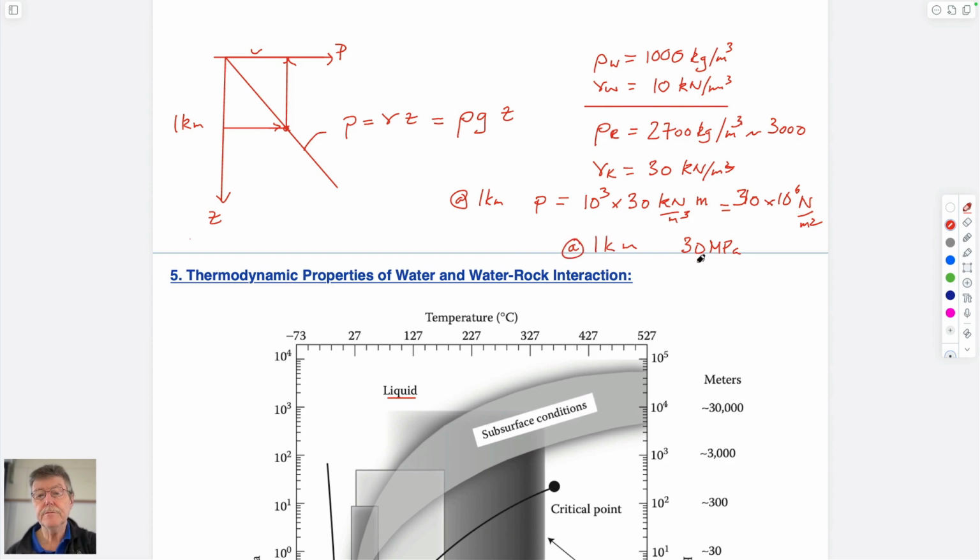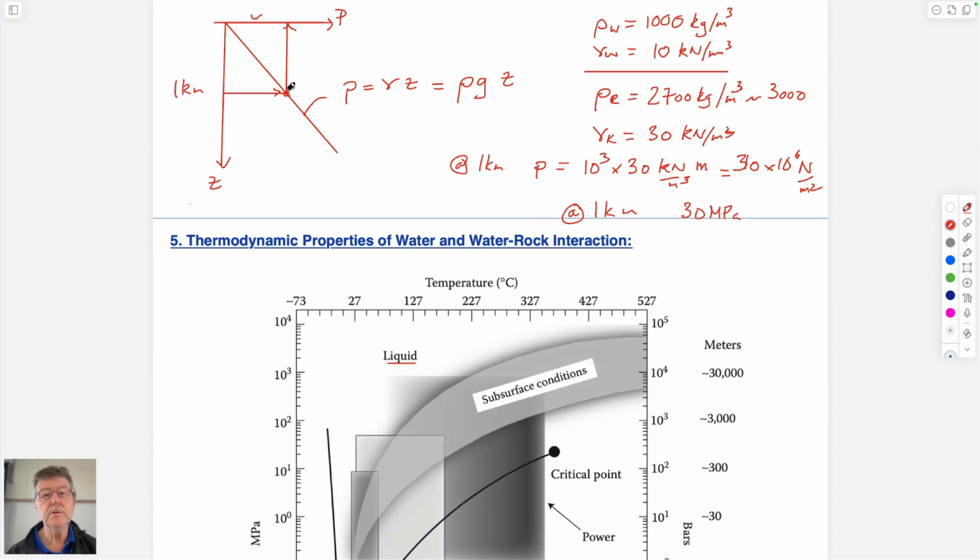So at 1 kilometer depth, the weight of rock above you is 30 MPa.